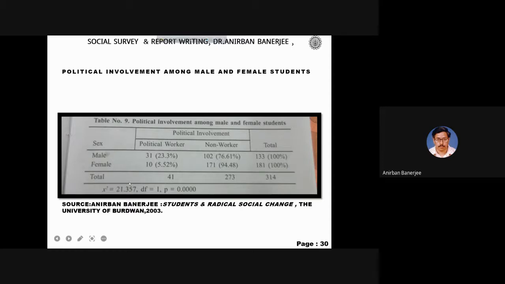Here, the chi-square test was used to demonstrate who are more politically involved. You can easily see for yourself who are more politically involved.